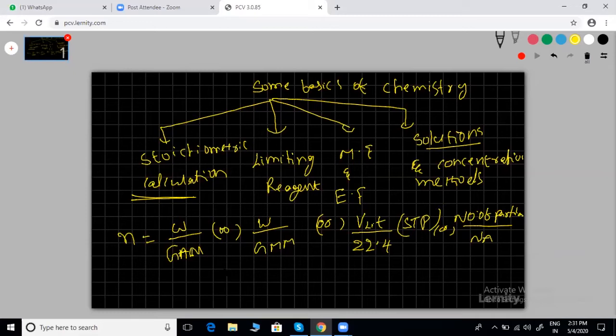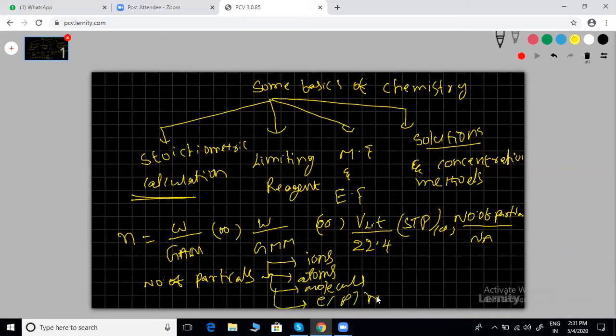Number of particles may be ions, atoms, molecules, electrons, protons or neutrons. Anything we call particles.